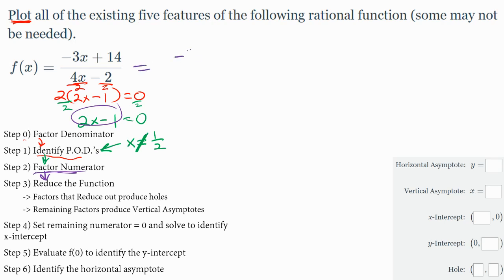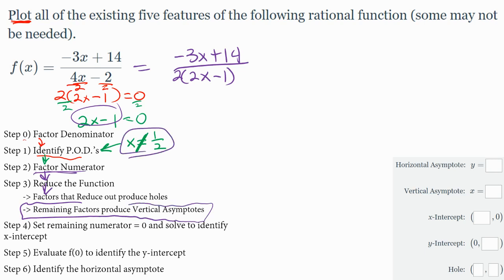So we have -3x plus 14 over 2 times 2x minus 1. So what that means is this factor that remained produced my point of discontinuity.